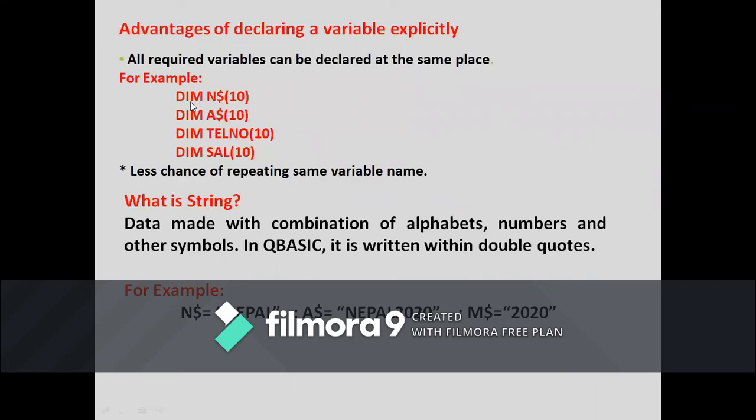First you can see dim n$(10), this is for name. Dim a$(10), this is for address. Dim tel number(10) is for telephone number. And last one, dim sal(10) is for salary. If you declare all variables at the same place, then there is less chance of repeating the same variable name. So these are the advantages of declaring a variable explicitly.